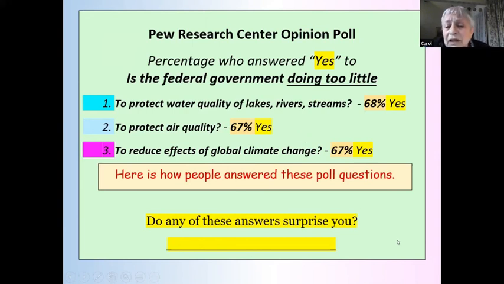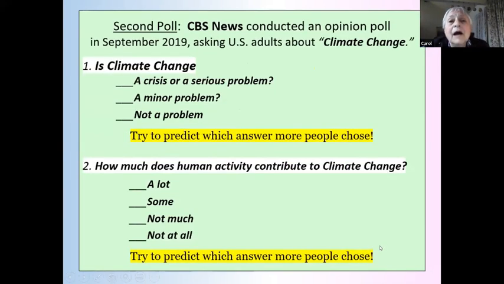So we'll look a little, I don't know if this is surprising. Another poll by CBS, also in 2019, asked people, do you think climate change is a serious problem? Not a problem at all. Or how much does human activity contribute to climate change? And are people going to say a lot, or are they going to say not at all, or in between? And we asked the students to predict what they think people said.